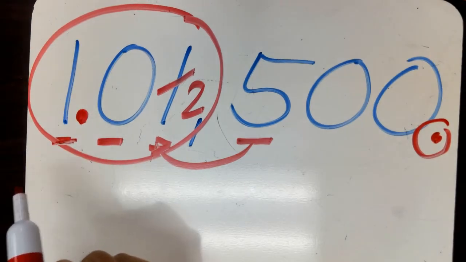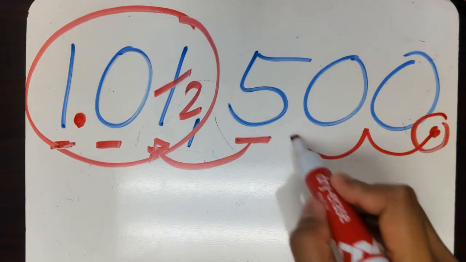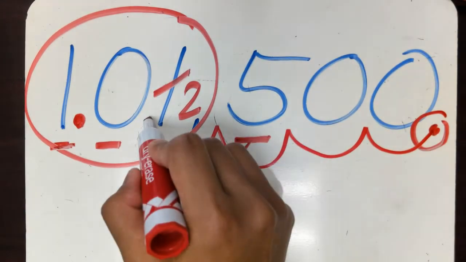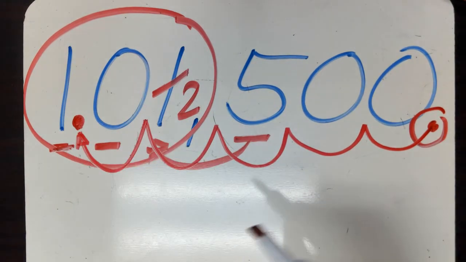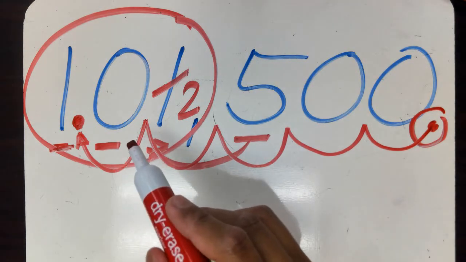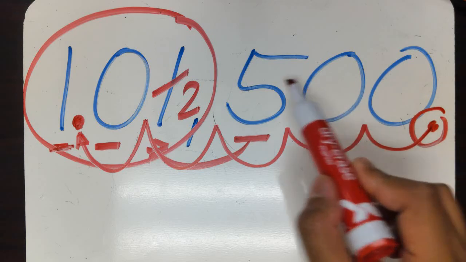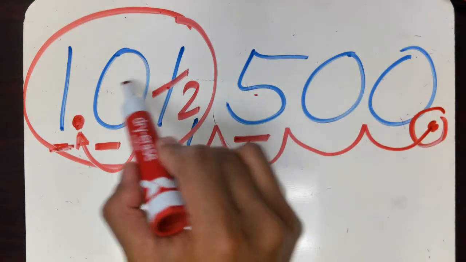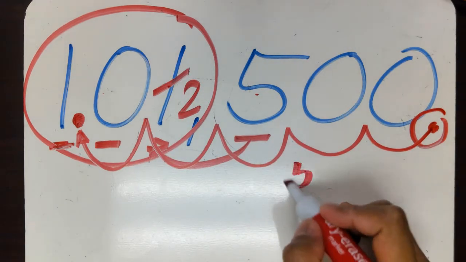Now we count how many numbers we skip: 1, 2, 3, 4, 5. It's very important that you count carefully. If you're not comfortable with the curve because it's going to confuse you, just count the numbers here: 1, 2, 3, 4, and 5. You still get the same number, and that is 5 here.